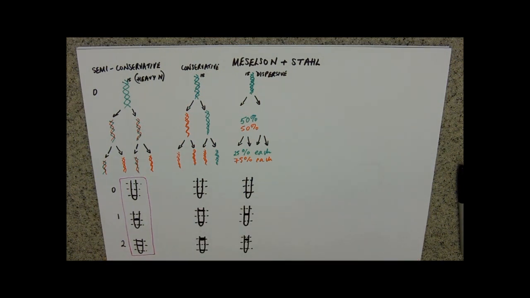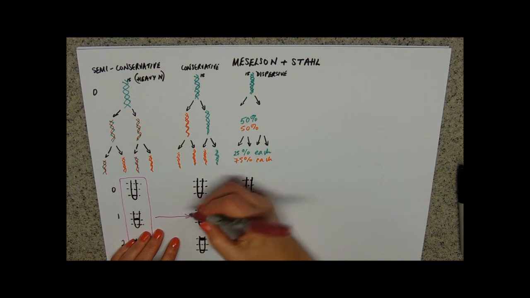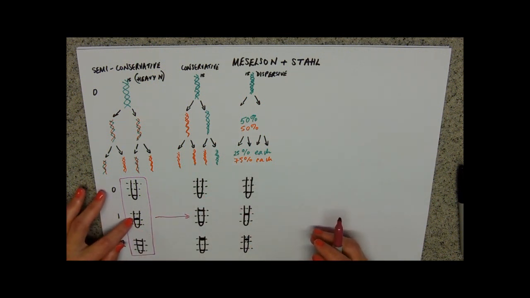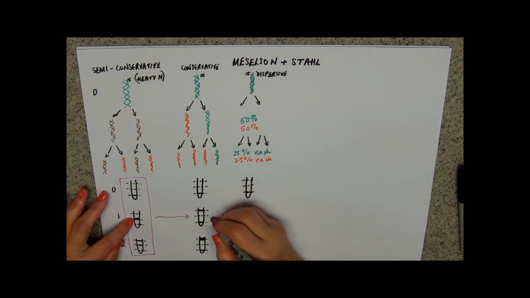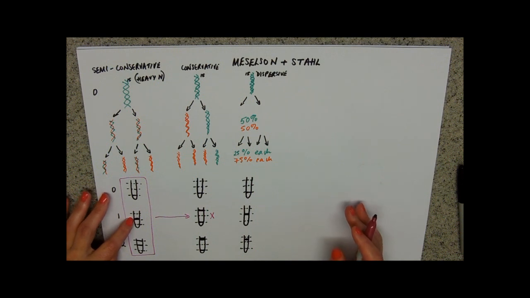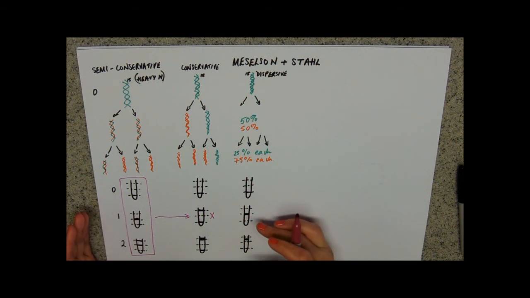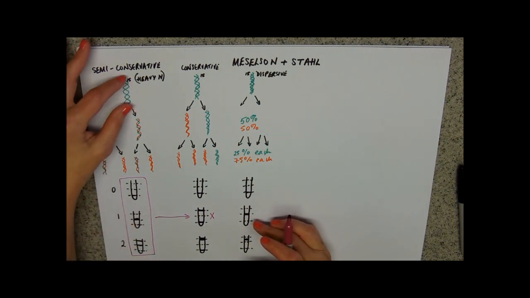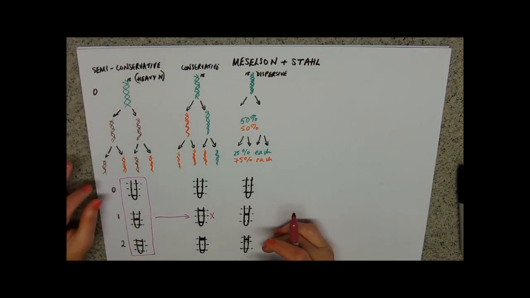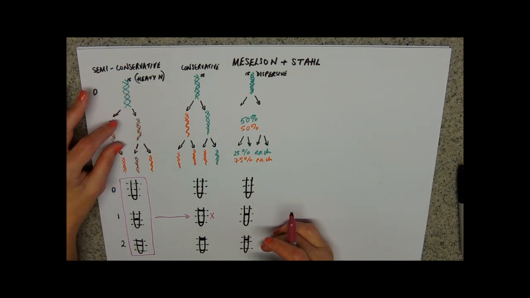So, how did they know then that their other models were wrong? Well, if we look at generation 1, this is a half and half model, and this one isn't. So if you don't get that, it's not conservative. This generation shows that doesn't happen. And it suggests that your replicated DNA contains half of the original DNA molecule and half some new nucleotides.